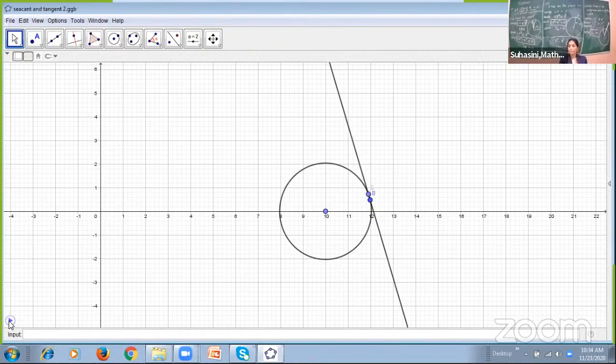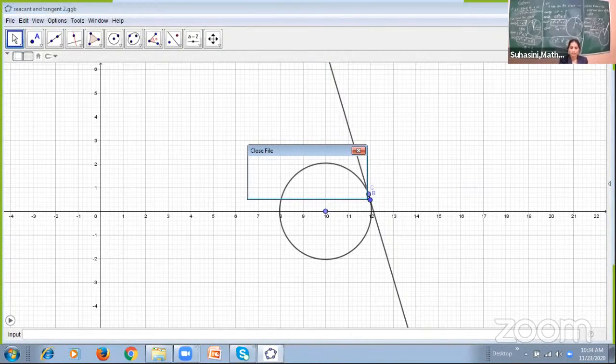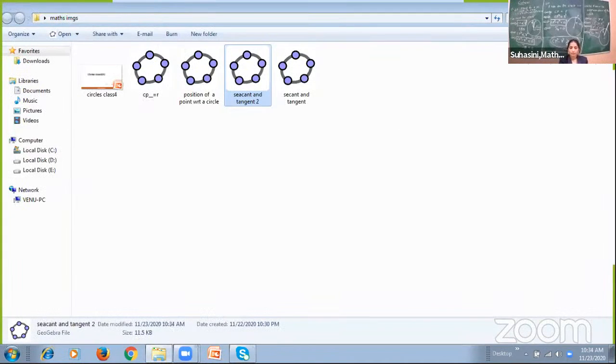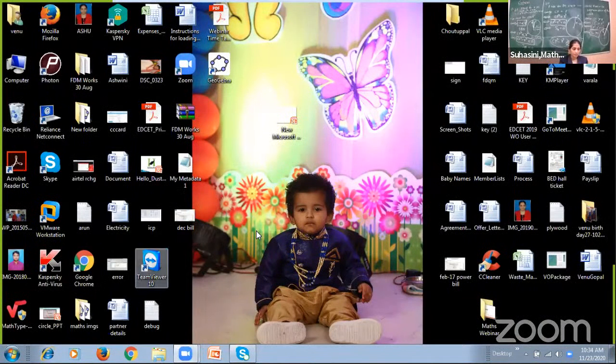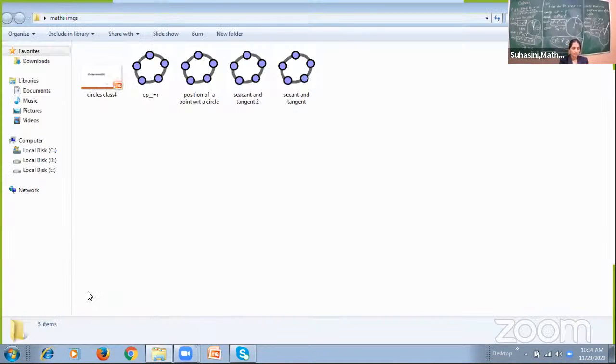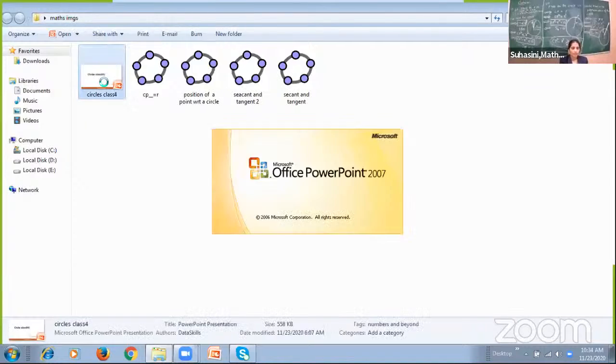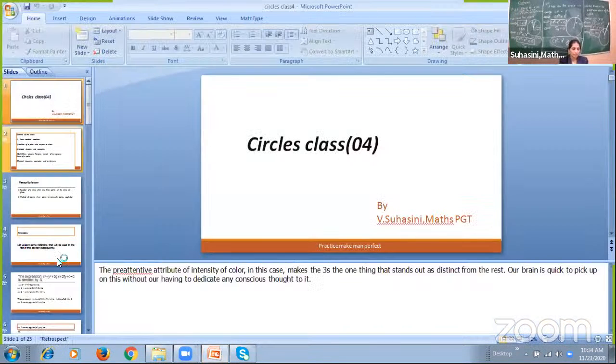When B approaches C along the circumference of the circle, then the secant becomes the tangent. It's a definition that we have in our textbook. So this is the animation made in GeoGebra. Let us go for our concept back again.